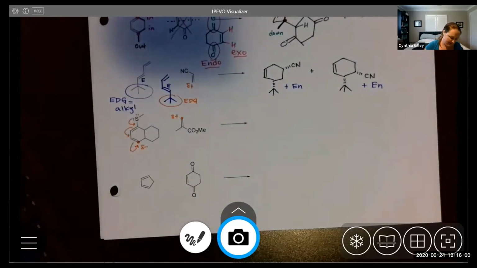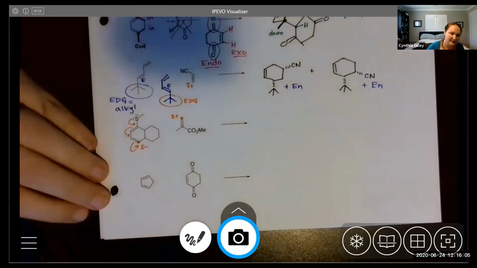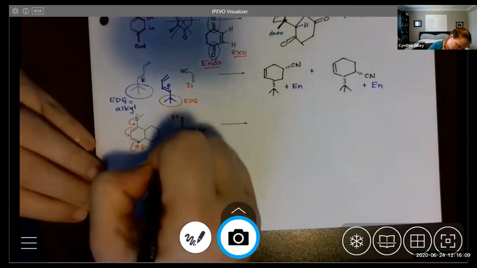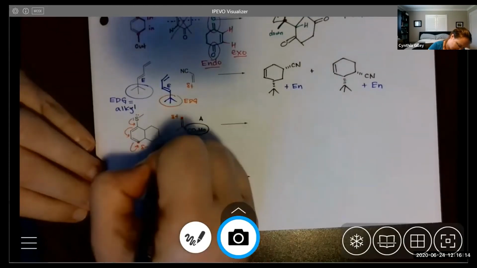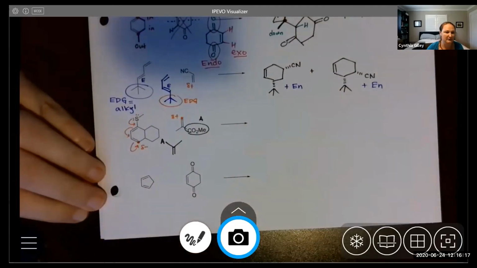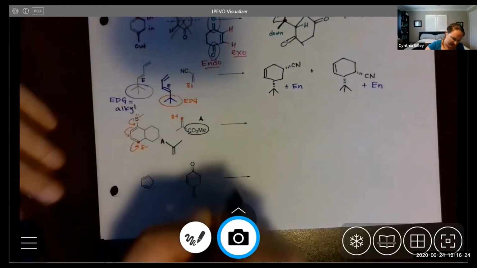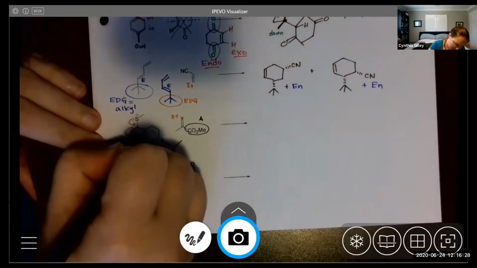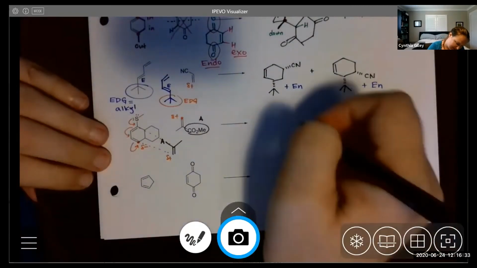Okay, so we are going to note that instead of this approach, it's going to approach with this group called A. Basically going to approach endo, and I have to flip it so that my delta negative and delta positive are in alignment. Okay, so we get to have fun drawing this bicyclic product.